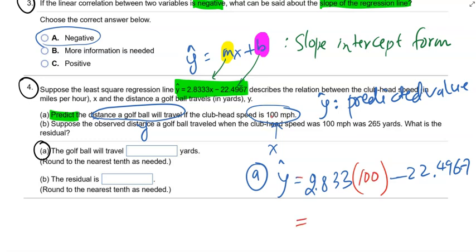Now if you simplify and round to the nearest tenth, as the instruction says, your answer must be 260.8 yards. Remember that yards is the distance we predict when the speed is 100 miles per hour.